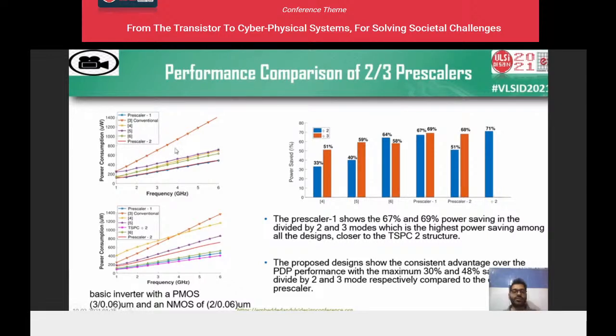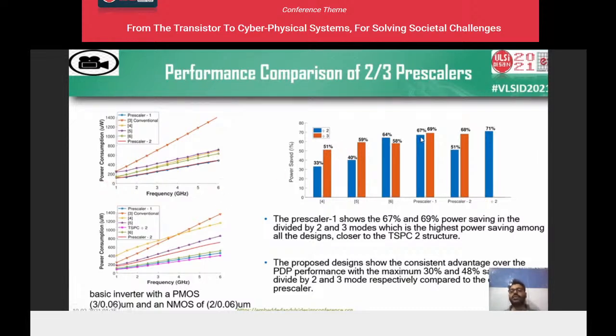So we compared with most of them, and what we observed is that the conventional architecture is the structure which consumes maximum power. With the same D flip flops and the same design, that is the same W by L ratios for PMOS and NMOS, with the same capacitance at each node, we calculated the power consumption by varying the input frequency.